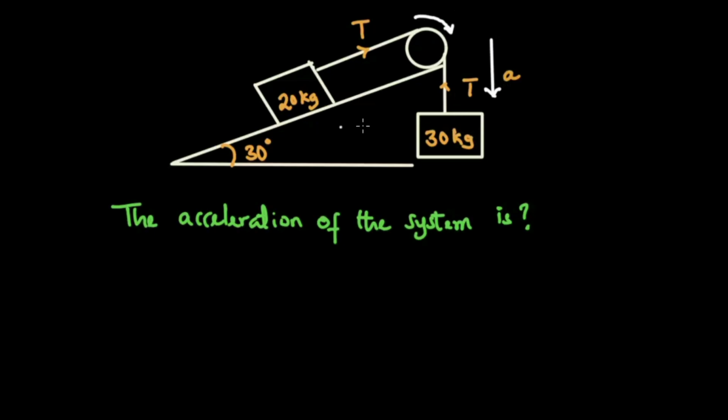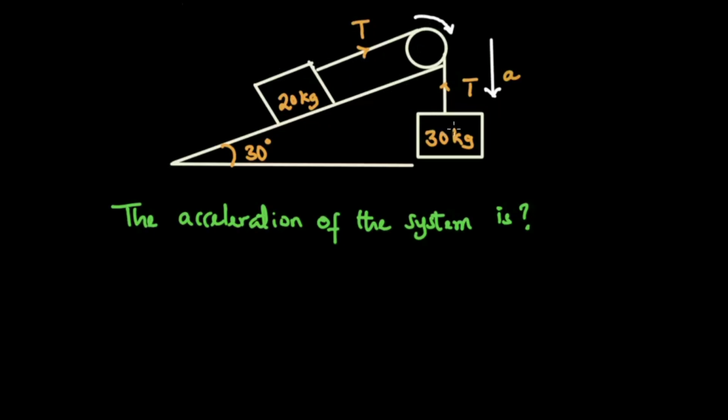So whenever we have two masses like this, acceleration is always in the direction of the larger mass. If this block were 30 kg and this block 20 kg, acceleration would go in this direction. The movement will be towards the larger mass. That's the first thing to take note of: the acceleration is always in the direction of the larger mass.